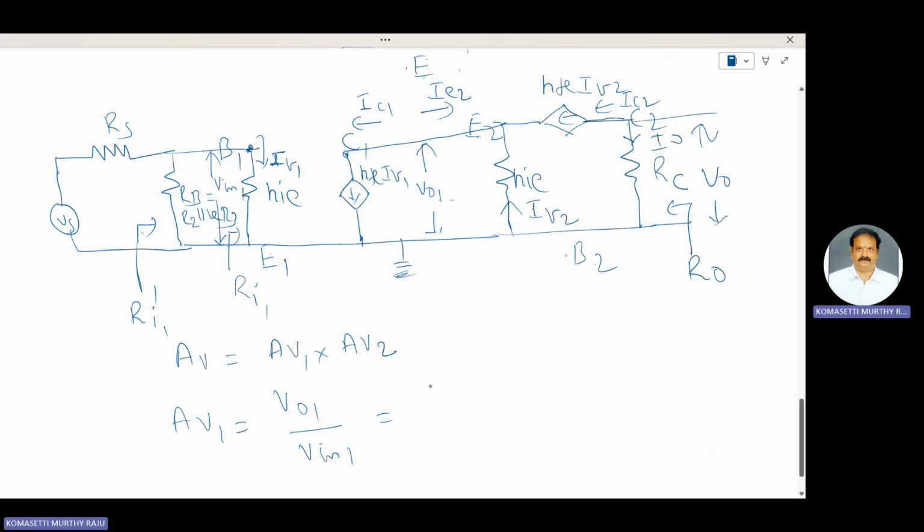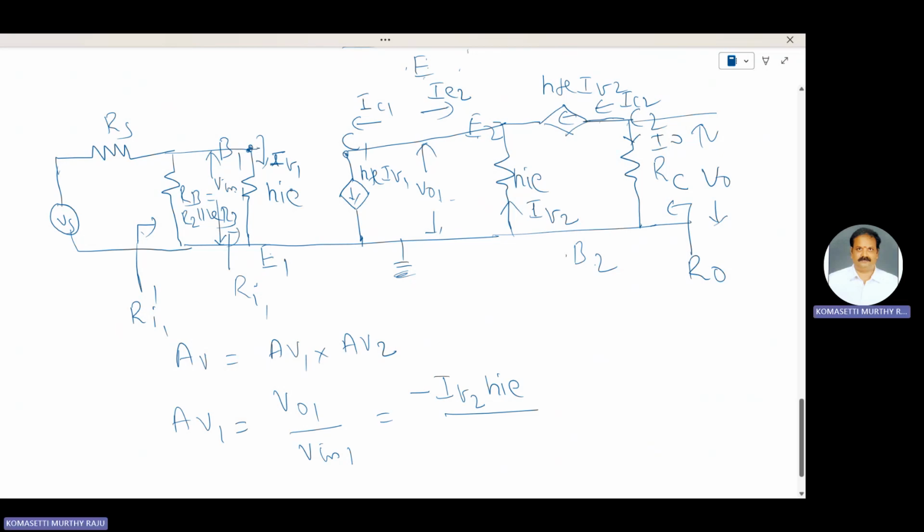Therefore, V01 is equal to minus IB2 into HIE, divided by Vin1.